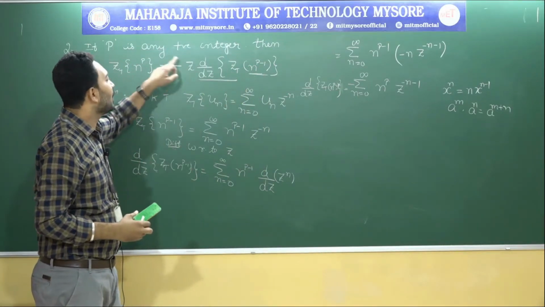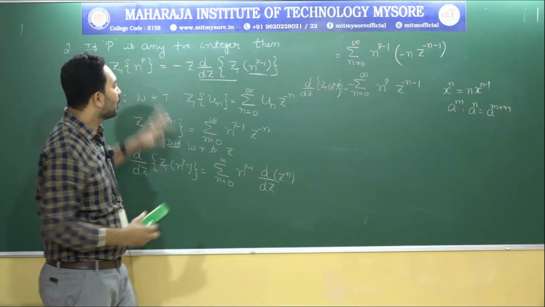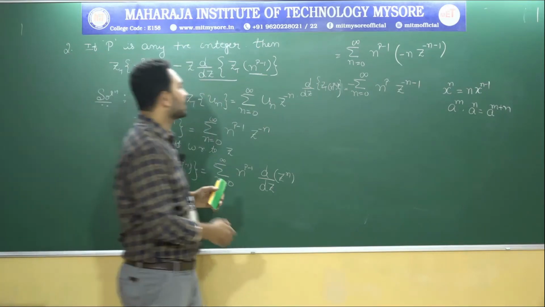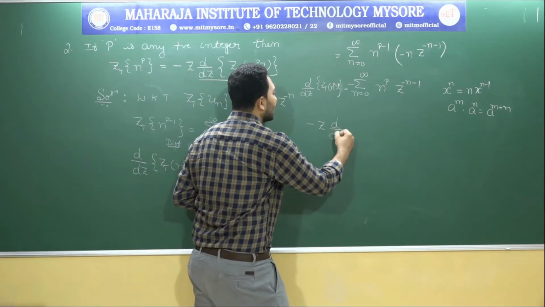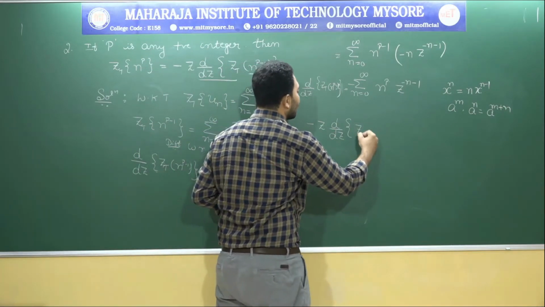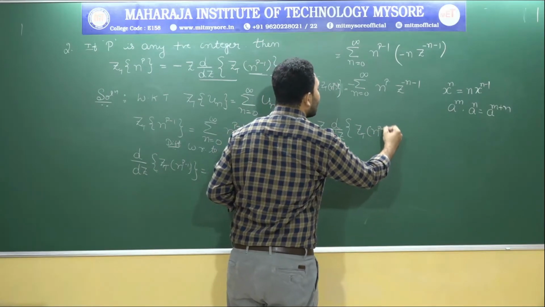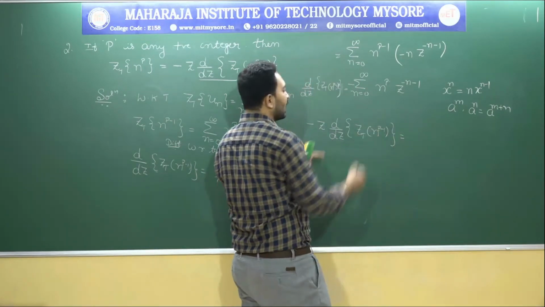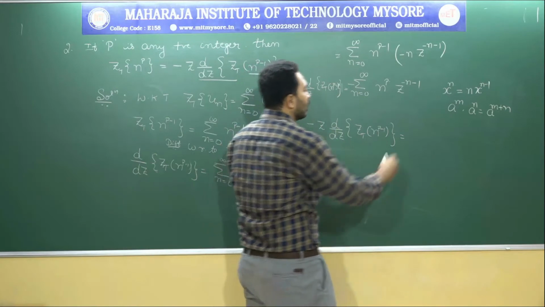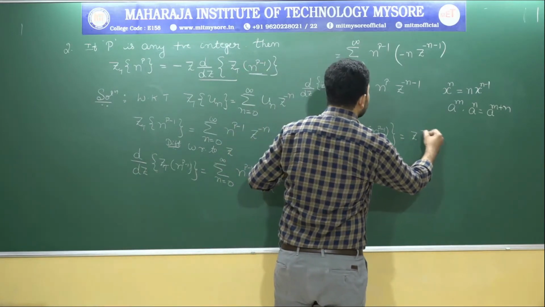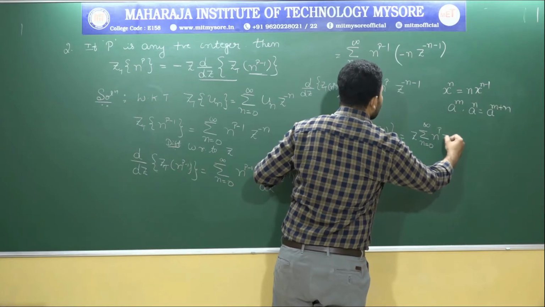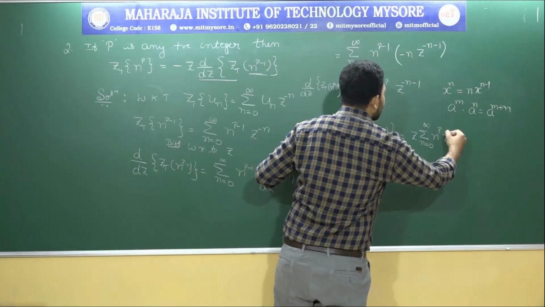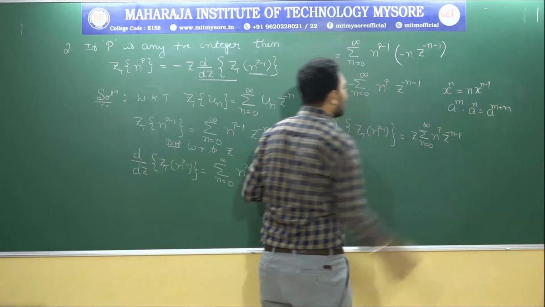Next we require minus z on the left side. So multiply minus z on both sides. We'll get minus z d by dz z transformation of n power p minus 1. Multiply minus z here. Already we have minus, so minus into minus is plus z summation n equals 0 to infinity n power p z power minus n minus 1.